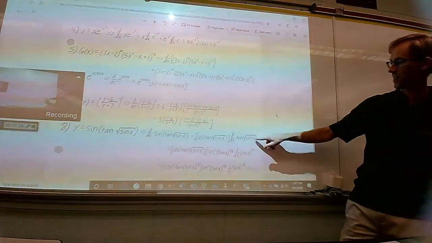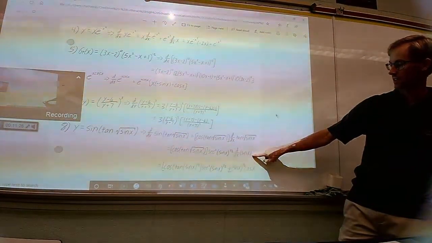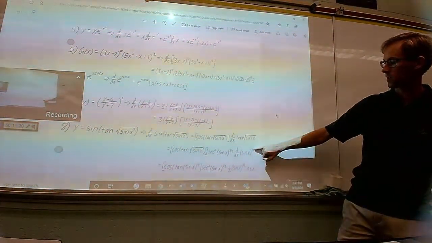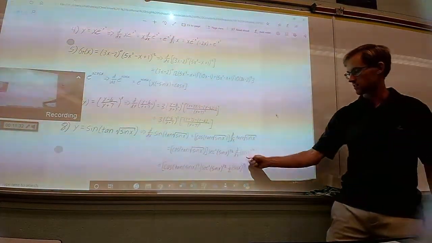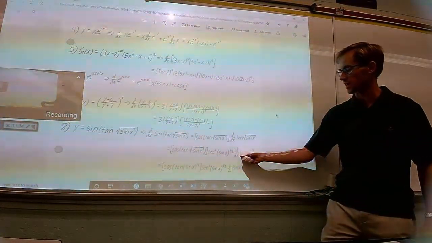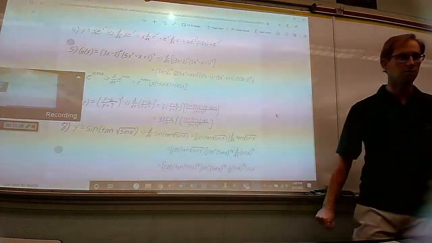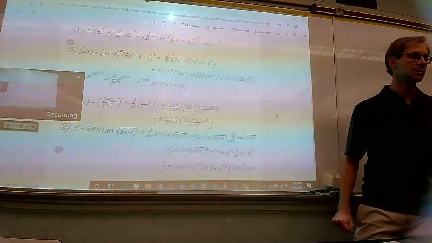Oh. So this turns into this, and then this 1/2 has to come out in front. This turns into negative 1/2, and because there's an inner function remaining, we have to multiply that by the derivative of the innermost function.